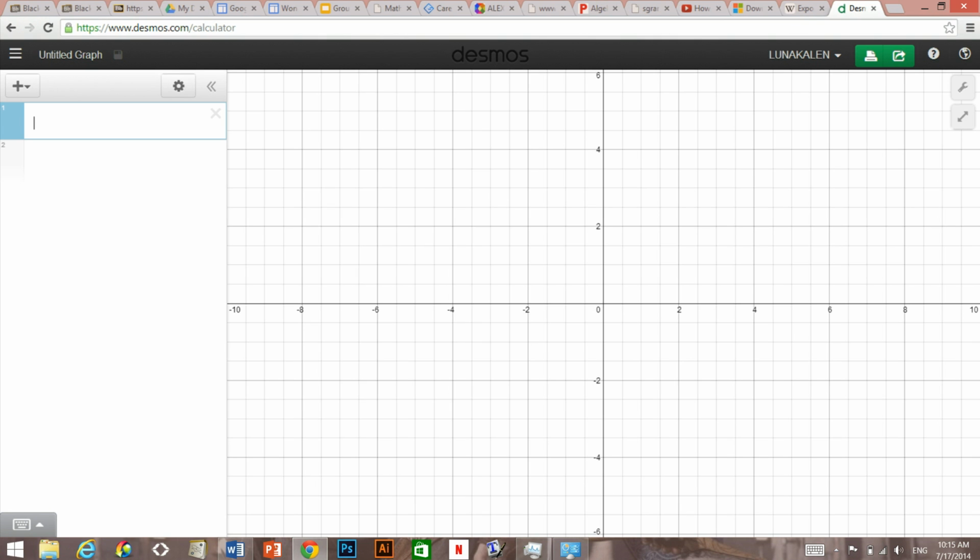So as I have stated before, the standard equation for exponential growth is A equals P times (1 plus R) to the T, where A is your final quantity.